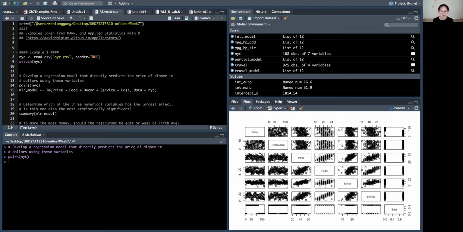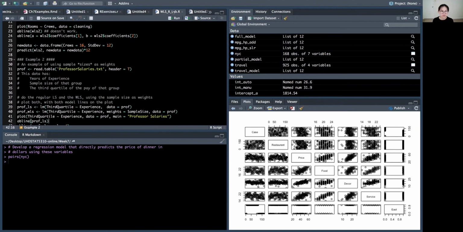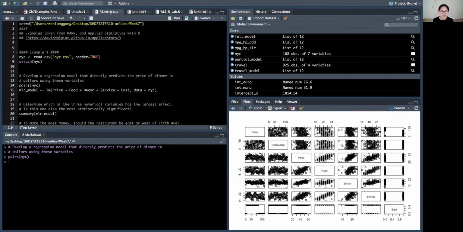But in this plain .R file, a convenient way is to set the working directory, which I already did. I read the data in already, and attach the data file so that you can refer to those variables directly.